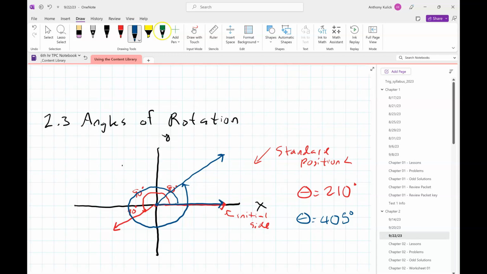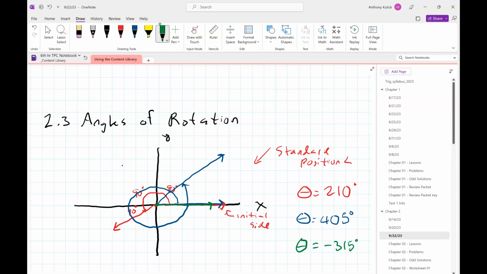All right. What about negative angles? Well, I'm going to start the same way. Vertex at the origin. Initial side, or one arm of my angle, lying on the positive x-axis. But this time, how do you think I'm going to do a negative?